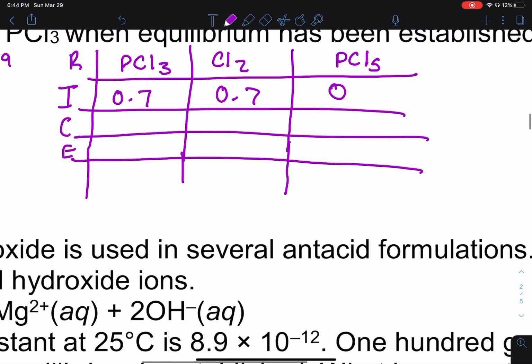Again, similar to what we did before, the change will be minus x, and plus x. And our equilibrium expression would be 0.7 minus x for both the reactants and x.